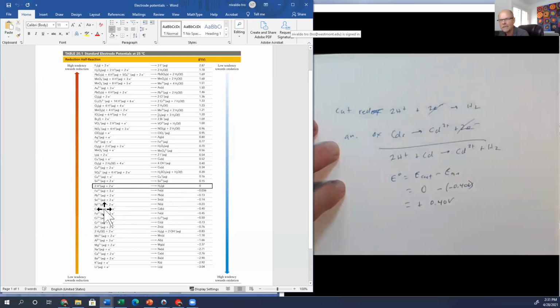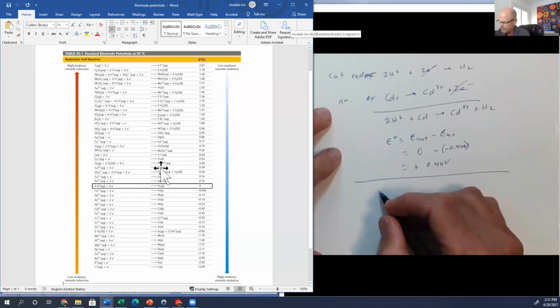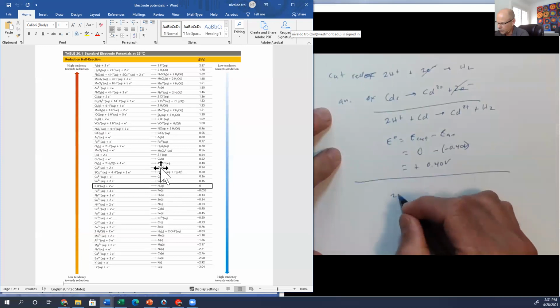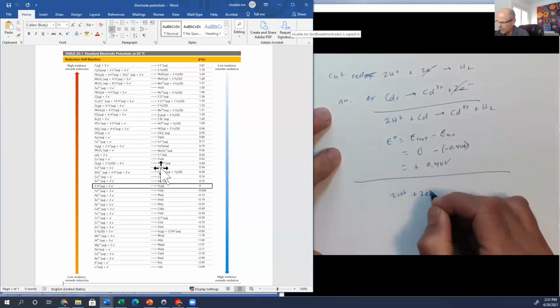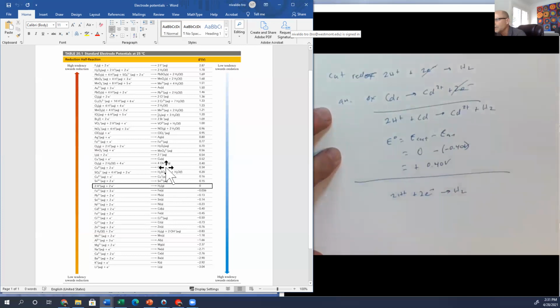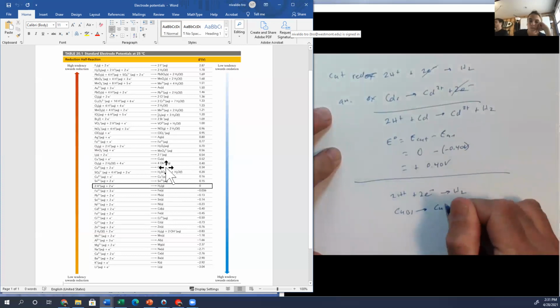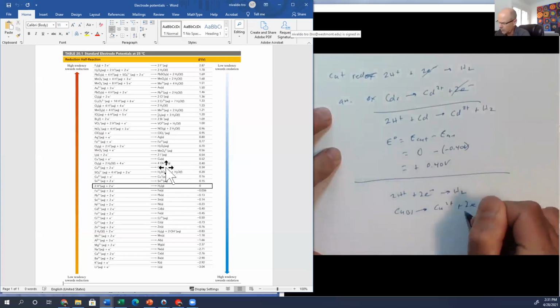But it has to be below it, because look, if you try to pair it with a reaction above it, let's say with the copper one. Then we got the same thing, 2H+ plus 2 electrons goes to H2, and then we got copper going to Cu2+ plus 2 electrons.